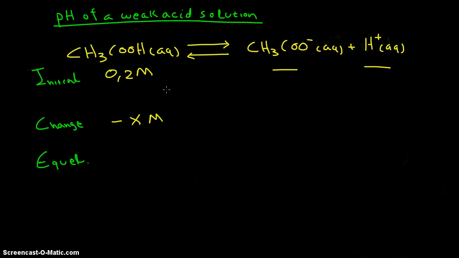So we subtract from the initial value. And because the coefficients of the stoichiometry are 1, 1 and 1, when X reacts, it will produce X molar and X molar. So in equilibrium state, we'll have 0.2 minus X molar, X molar, and X molar.